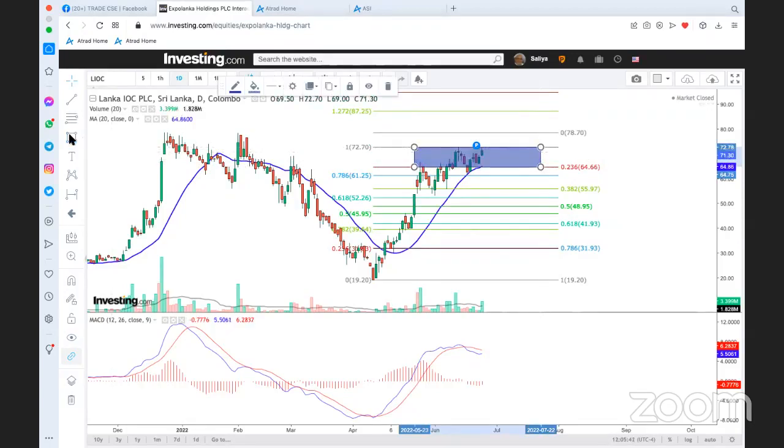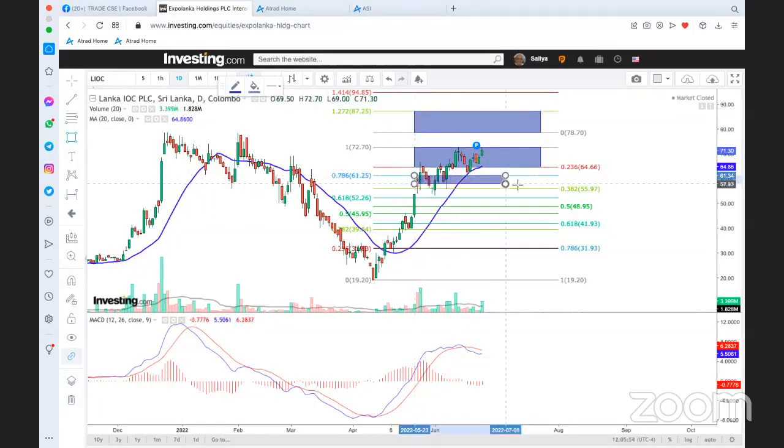The next level of resistance will be from here to here. Support will be from here to this level, right? Taking into consideration this as well.